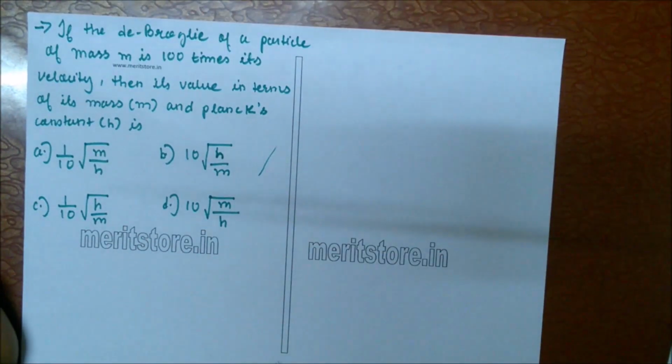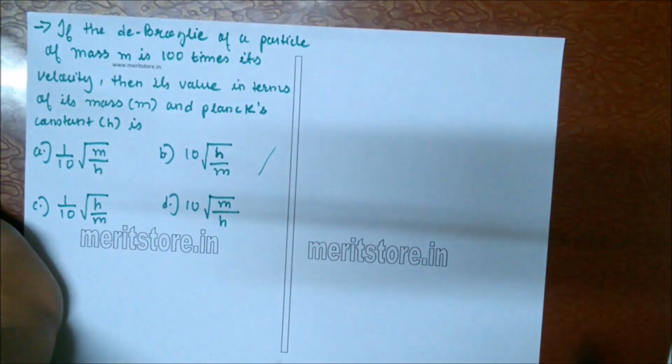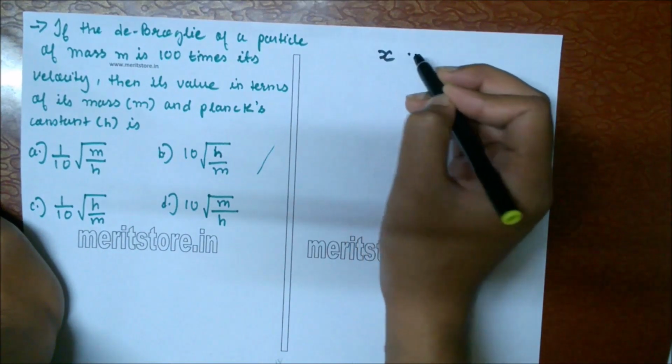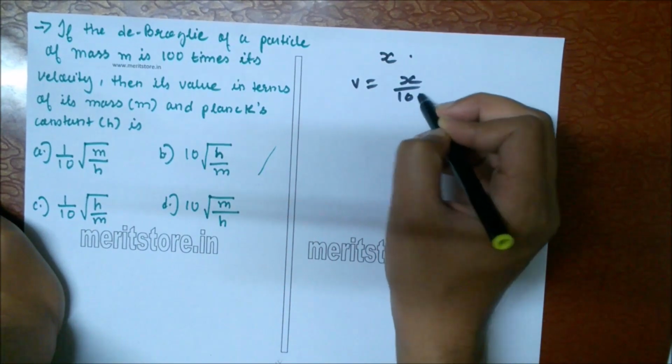If the de Broglie wavelength of a particle of mass m is 100 times its velocity, then the value in terms of mass and Planck's constant h is. Let wavelength of the particle be x. So velocity is equal to x upon 100.